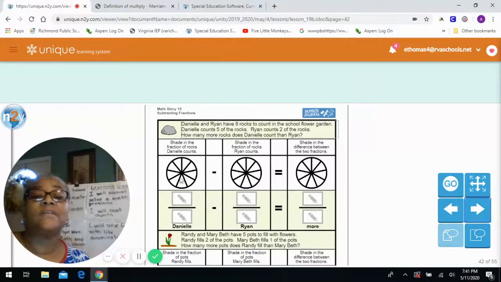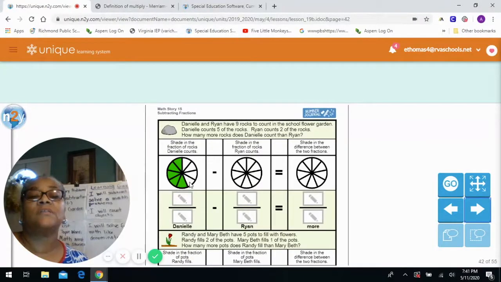All righty, so let's look. How many more? Danielle counts how many? 9. So let's fill it in. 1, 2, 3, 4, 5, 6. She counts how many? 5. 1, 2, 3, 4, and 5.